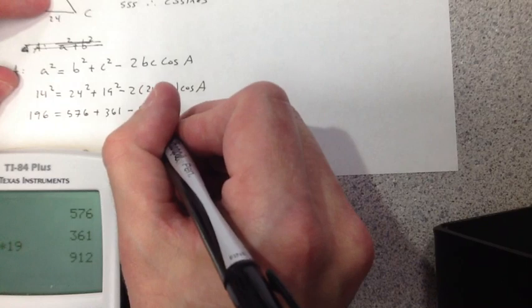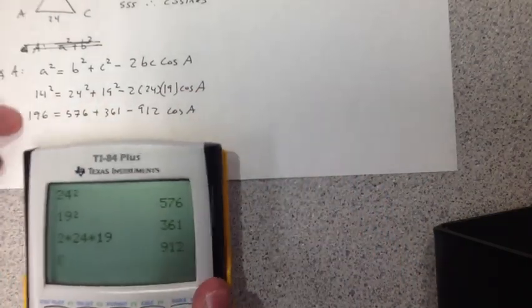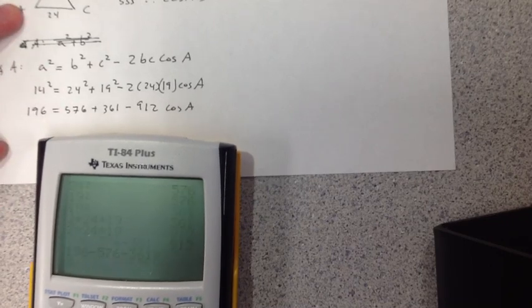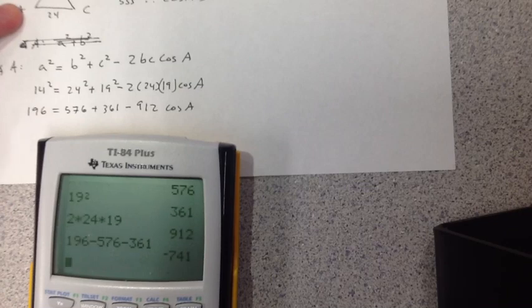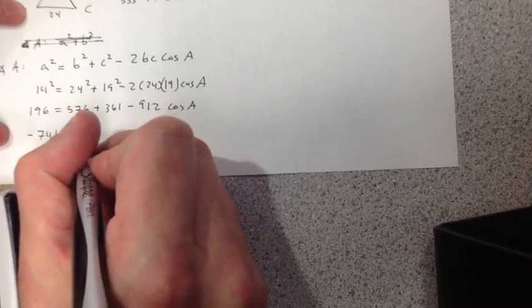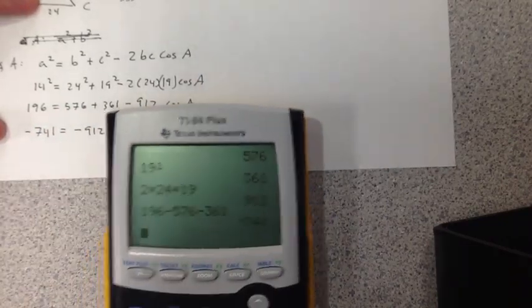That becomes minus 912 cosine of A. And I just solve for this. I take my 196 minus the 576 minus 361, and that becomes negative 741. You're going to get good at this. You're going to be doing all of this in one step, and that's fine to do if you can do that already.